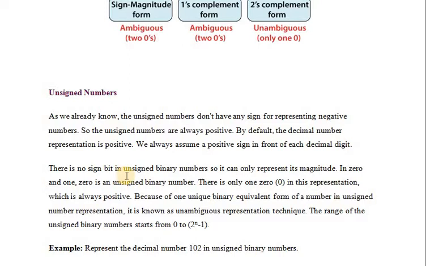There is no sign bit in unsigned binary numbers, so it can only be represented in magnitude, in 0 and 1. There is only one 0 in this representation, which is always positive. So this is unsigned binary numbers, meaning you don't have any sign to represent it.